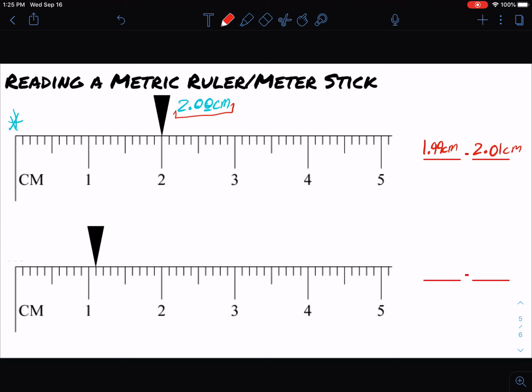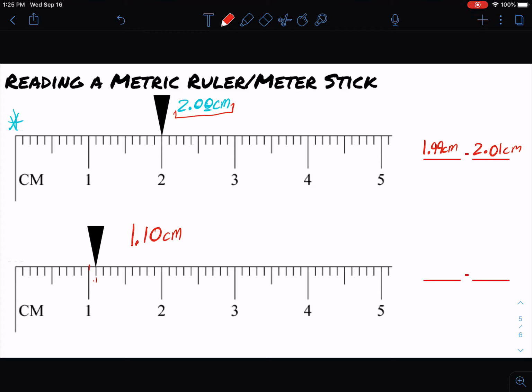Let's go to the next one. We have right here on this mark. If you asked me, I would probably say that's pretty well dead on. So I would say, whoops, it goes past the 1 point, and I'm saying it's dead on that 0.1. 1.10 centimeters.